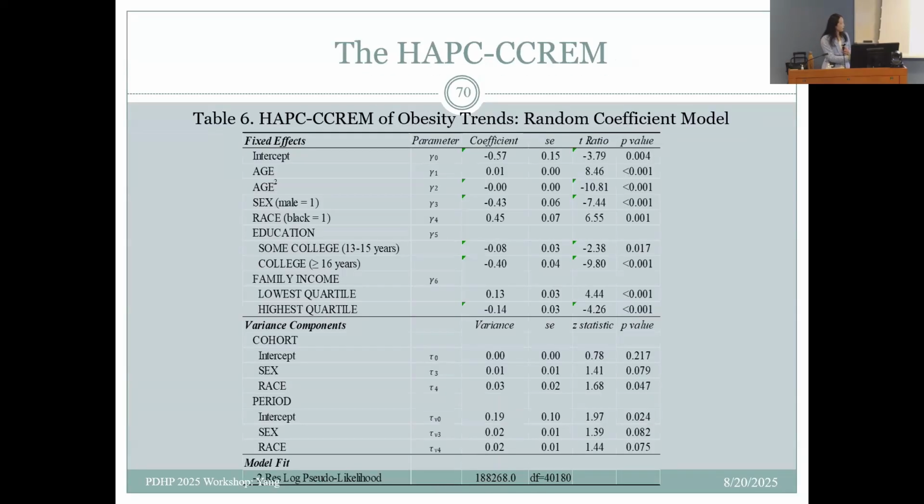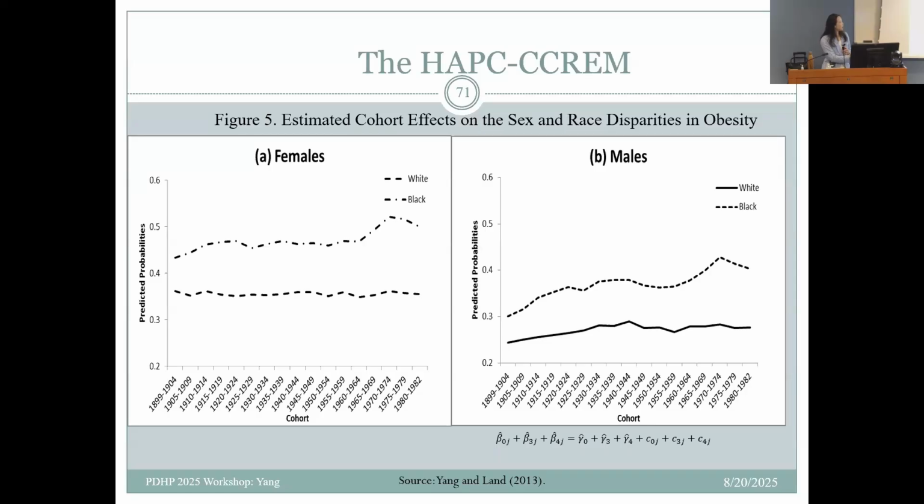This part directly comes from there, so it corresponds to the reference group. The reference group is white females. As you can see, it's pretty flat, right? But for their black counterpart, it's not flat. And particularly, there's a big uptake for cohorts born after 1970, where the peak obesity probability is 50%.